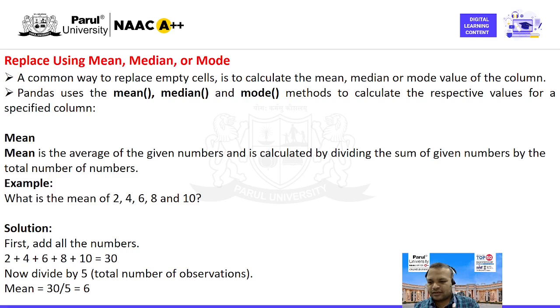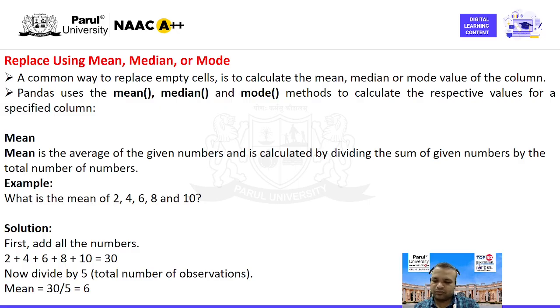And how many numbers are there? In total, 5 numbers. So now we divide by 5, which means 30 divided by 5, because we already added all these numbers and got the result 30, and there are 5 numbers.